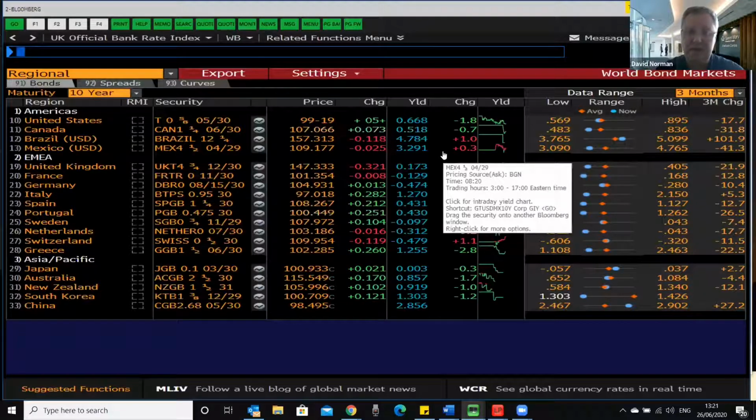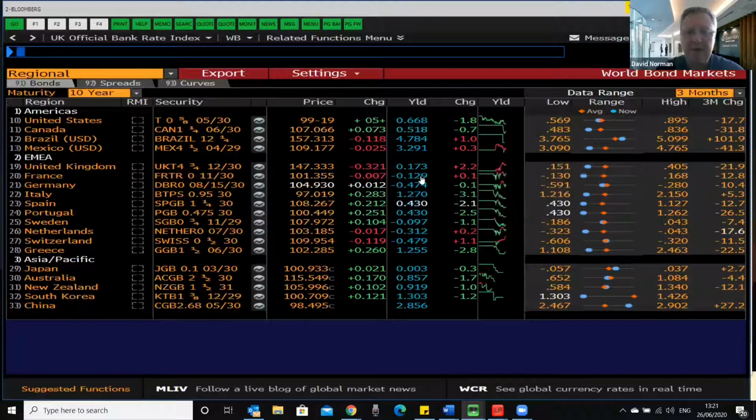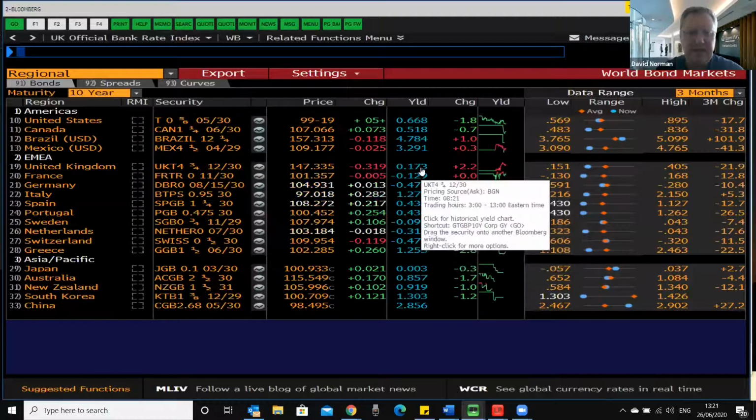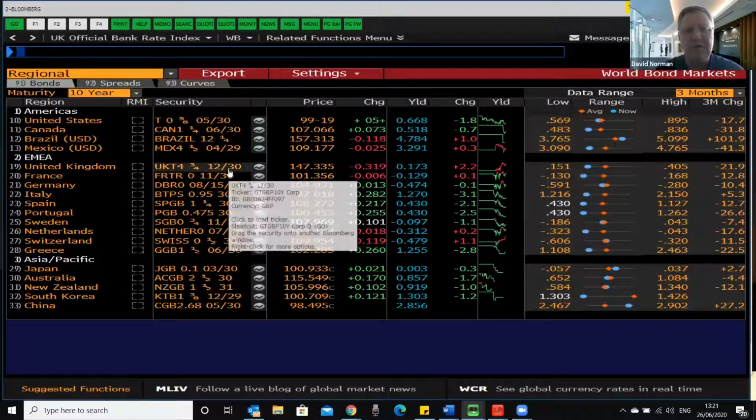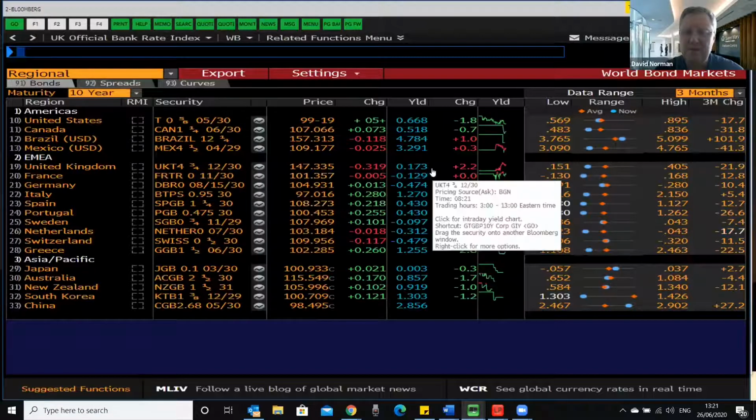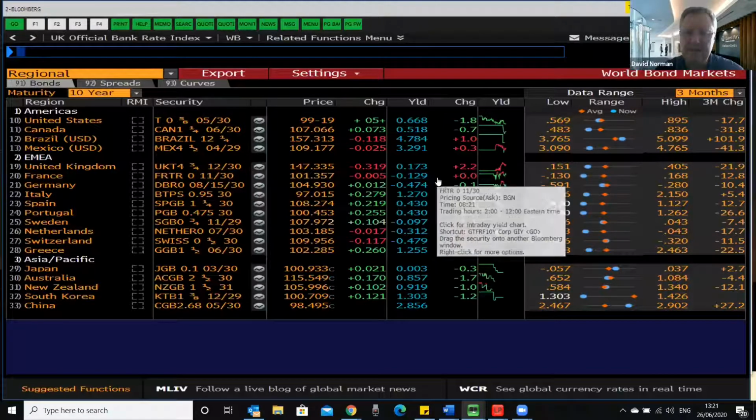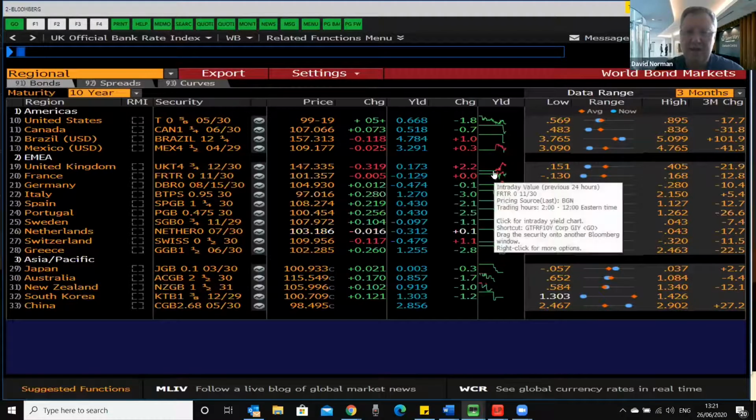Now, you notice that there are at least 5 countries that have negative interest rates already. You can see that the bond yields, this is the 30-year Treasury bond in the UK. You can see the bond yield is 0.173. So that shows that the yields of the bonds are showing a very low level of implied interest rates.